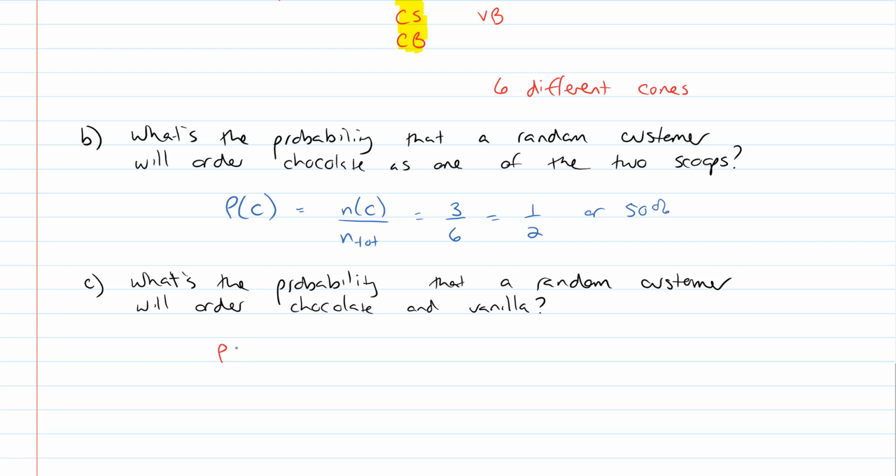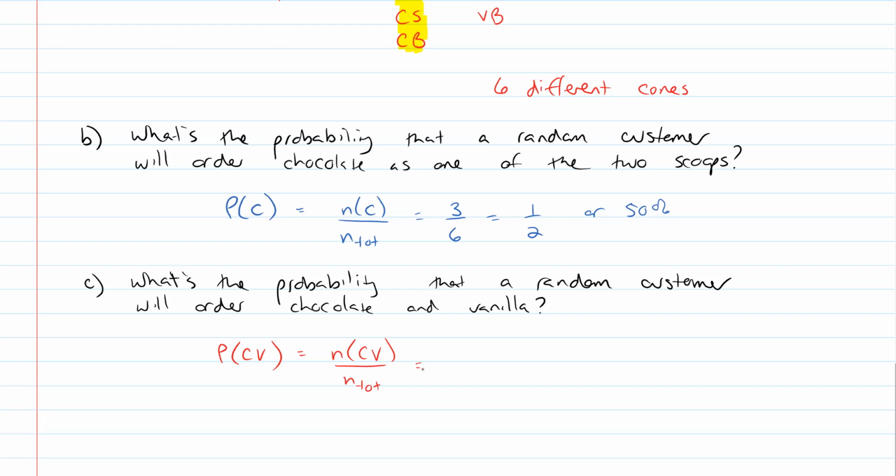So the probability of chocolate and vanilla, we're just going to write using standard, kind of Boolean notation, is equal to N of CV over N total.